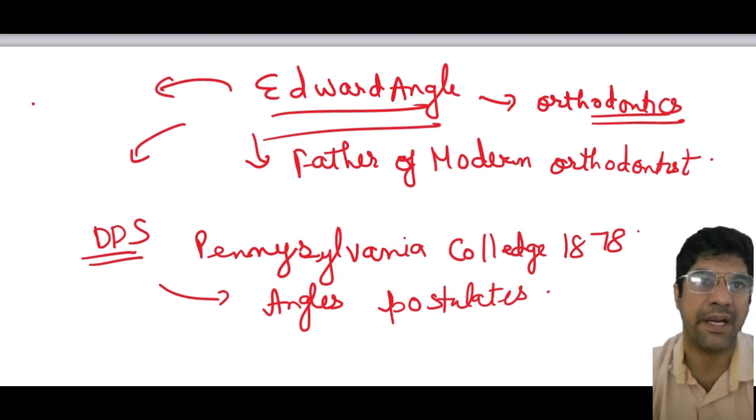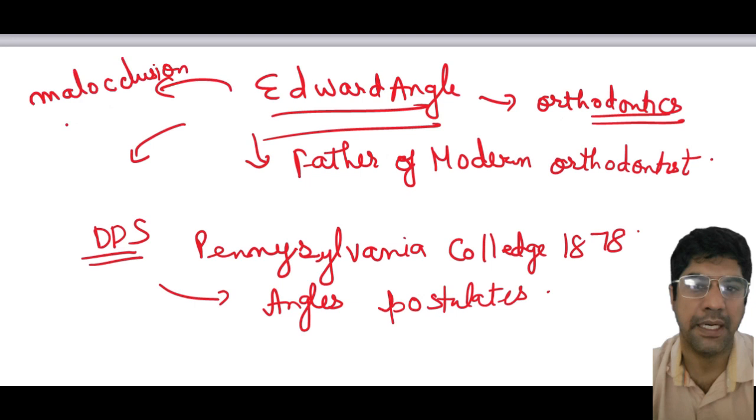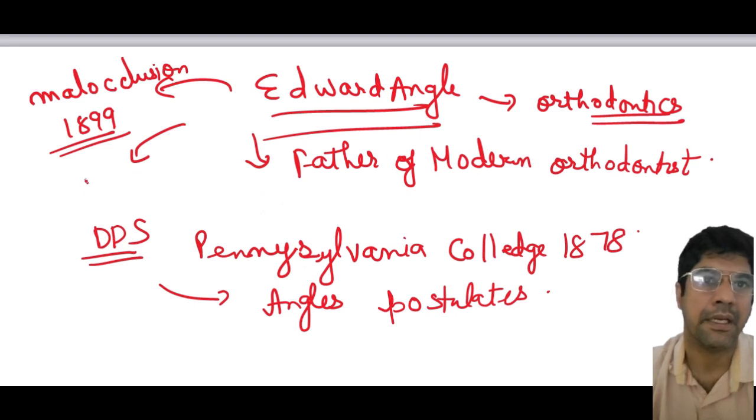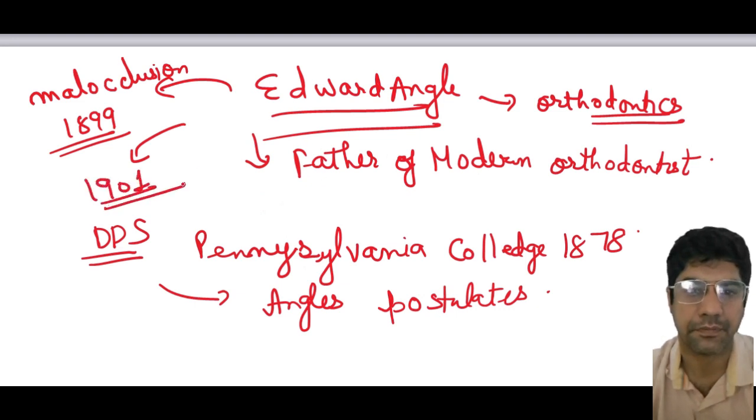He also classified malocclusion in the year 1899. He established the American Society of Orthodontists in the year 1901.